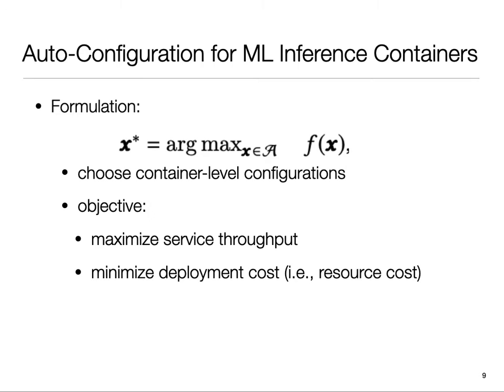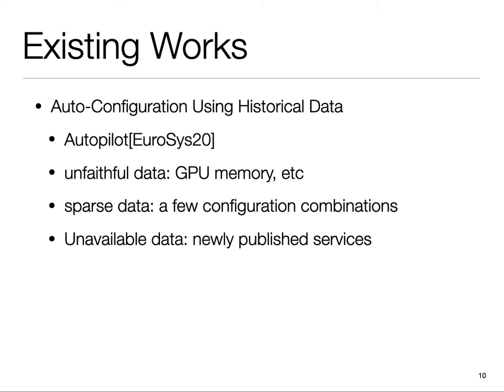Our objective is to find the optimal configuration combination that maximizes the objective function defined as f(x). As we can see, it's essentially a hyperparameter tuning problem, and many auto-configuration approaches have been proposed to tune general cloud workloads. However, we found that none of these works can efficiently solve our problem.